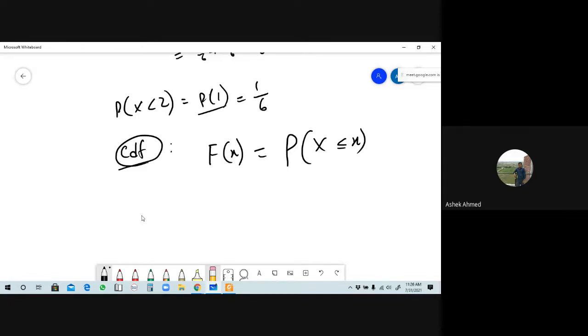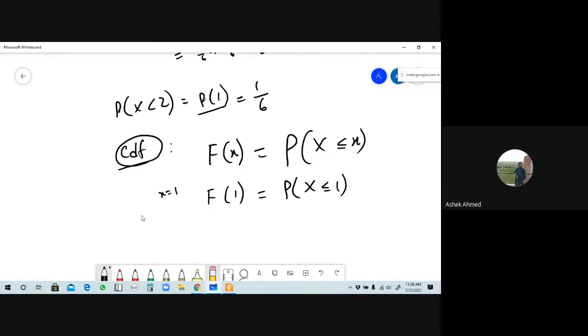Okay, response me. If the value of small x is 1, then capital F of 1 will be the probability of capital X less than or equal to 1. Is it right? Yes, sir. Okay.